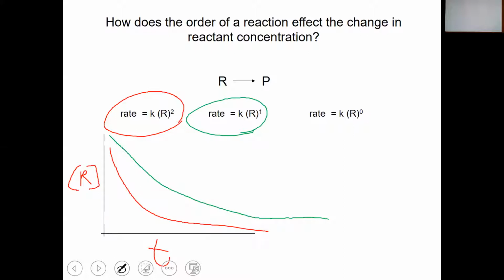And lastly, for a 0 order, it also decreases, but it decreases like that, as a straight line. So we need to develop different equations for concentration versus time, because it all depends on the order of the reaction as to how the concentration changes over time.